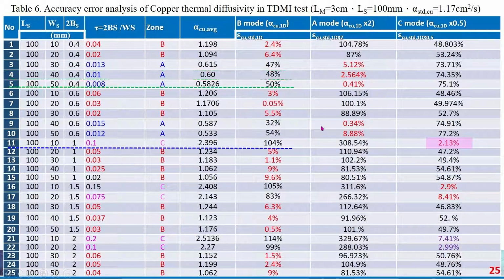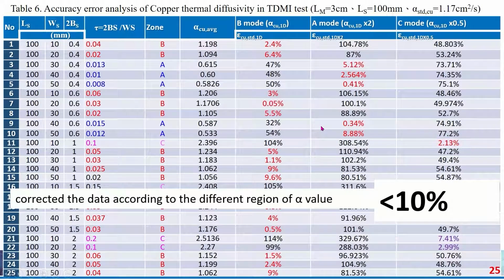As to test number 11, when tau is in C regions, the accuracy error could be up to 104%, but after thermal diffusivity is multiplied by 0.5, the accuracy error has been down to 2.13%.